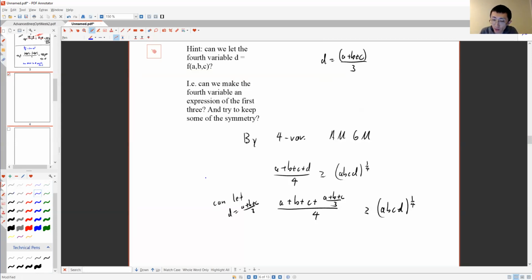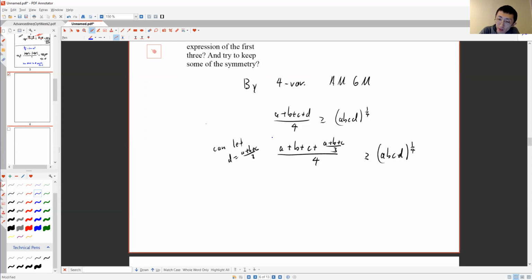Let's just focus on the left-hand side. How does it simplify? Yeah. So someone suggests multiply by 12 and add common terms.